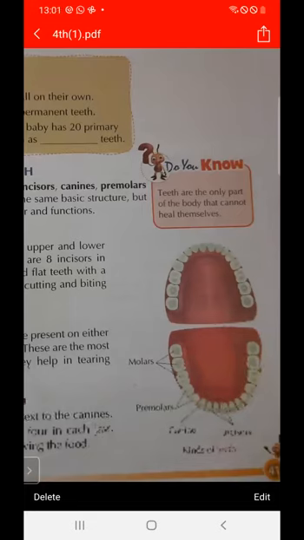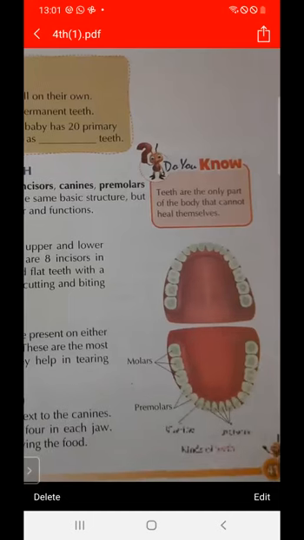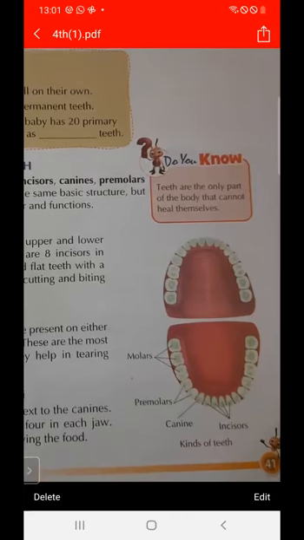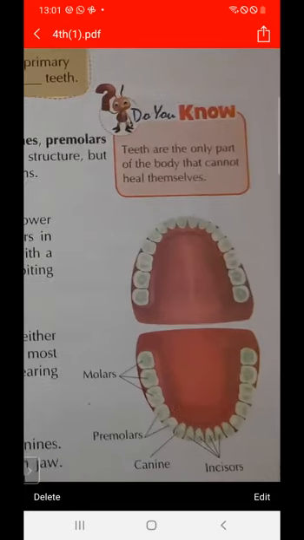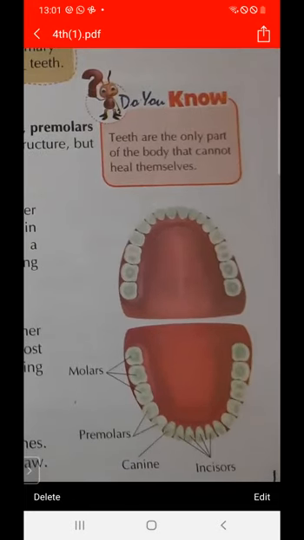So what is the number of canines? 2 in the upper jaw and 2 in the lower jaw, on either side of the incisors. Then next is premolar.